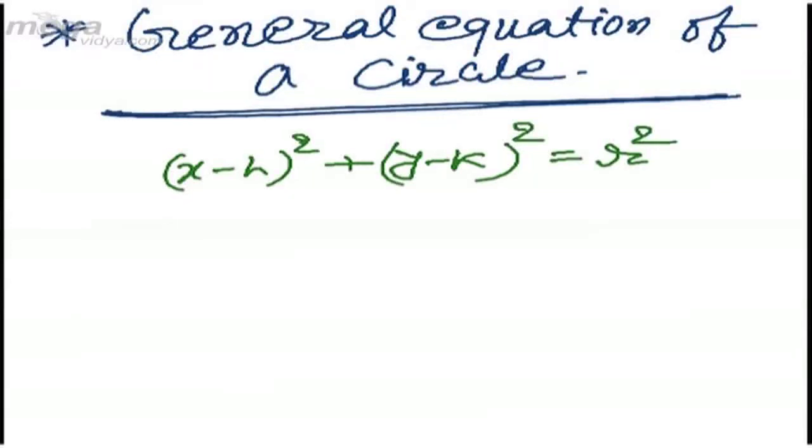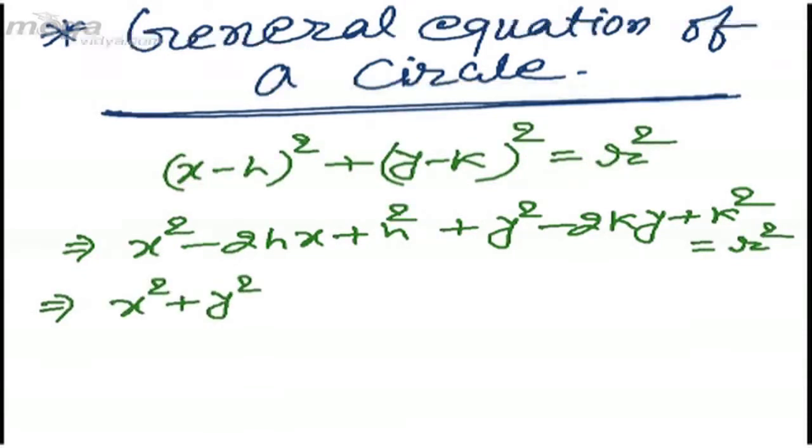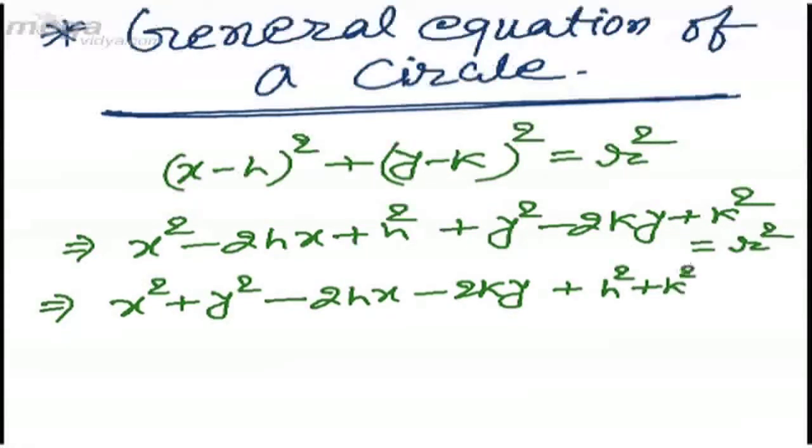So when you expand it, what does it become? x square minus 2hx plus h square plus y square minus 2ky plus k square is equal to r square. Now we can write it as x square plus y square minus 2hx minus 2ky plus h square plus k square minus r square is equal to 0.